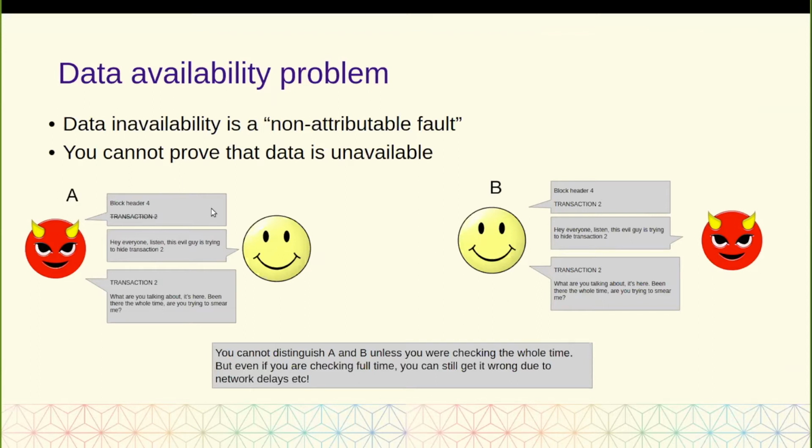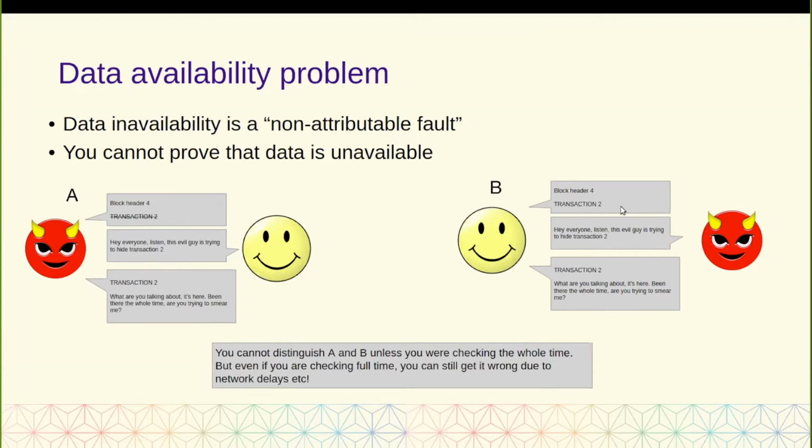But basically, let's look at these two situations, A and B. We have one where the one who created the block is evil, and he sent this block header but never sends this transaction. And then a nice guy warns everyone, hey, he's trying to hide this transaction. And now afterwards, that evil guy just sends the transaction to everyone and says, hey, what are you talking about? It was here the whole time.